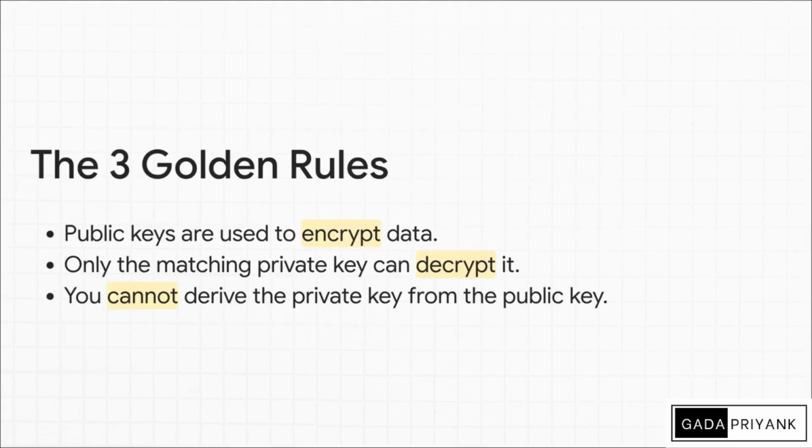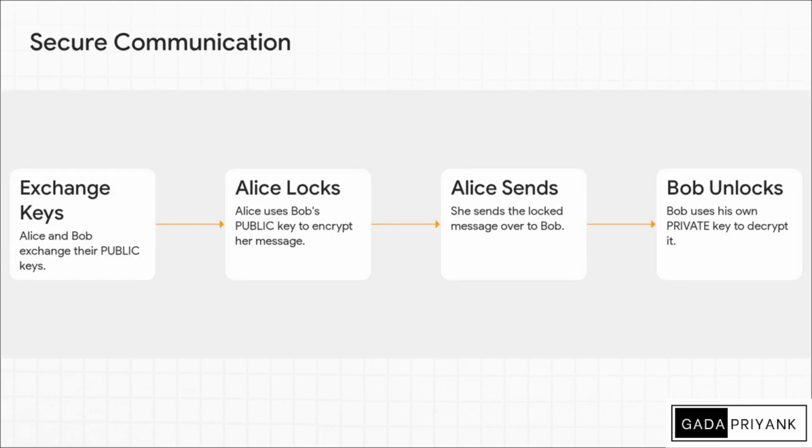And this whole system works because of three simple but super important rules. Rule 1, the public key is for locking or encrypting data. Rule 2, only the matching private key can unlock or decrypt it. And rule number 3, this is the magic right here. You absolutely cannot figure out the private key just by looking at the public key. It's a one-way street.